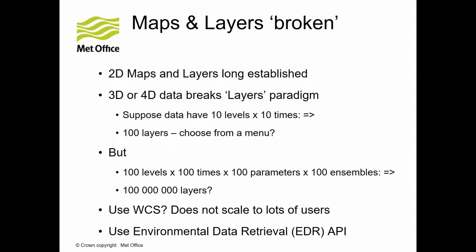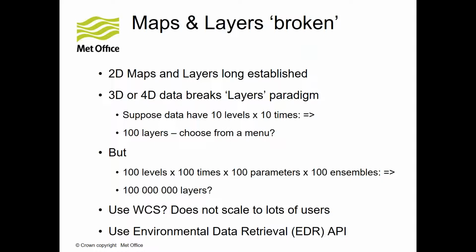The other thing that kind of fueled this is when we started using the geospatial standards and maps, and meteorology had been doing their own maps for 150 years. We're outside the geospatial community, and the geospatial community have got maps and layers.